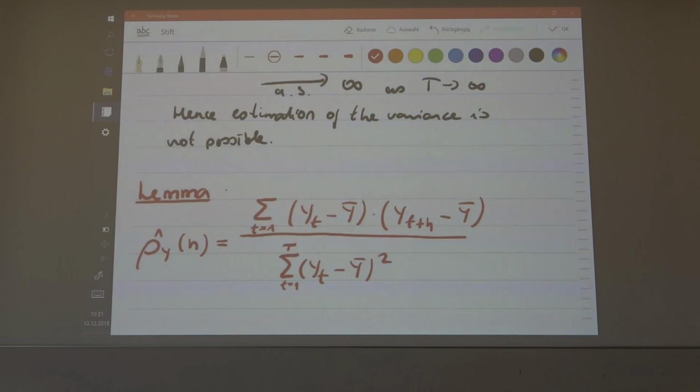This is t times the empirical autocovariance. Here this sum stops at capital T minus h, of course, because we don't have any more expressions.